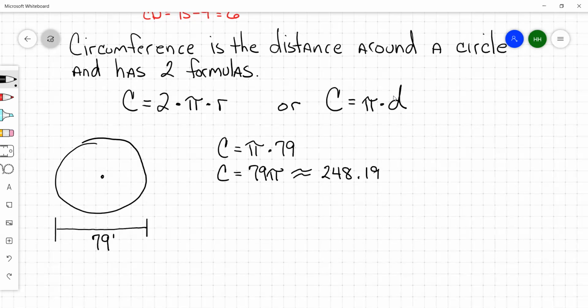All right, those are both good answers, just depending on how the question is asked. This is called in terms of pi. This, of course, is rounded to the nearest hundredth.